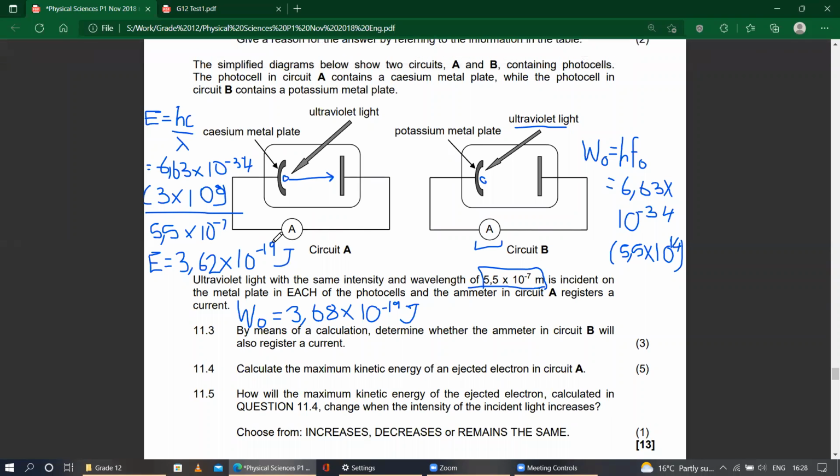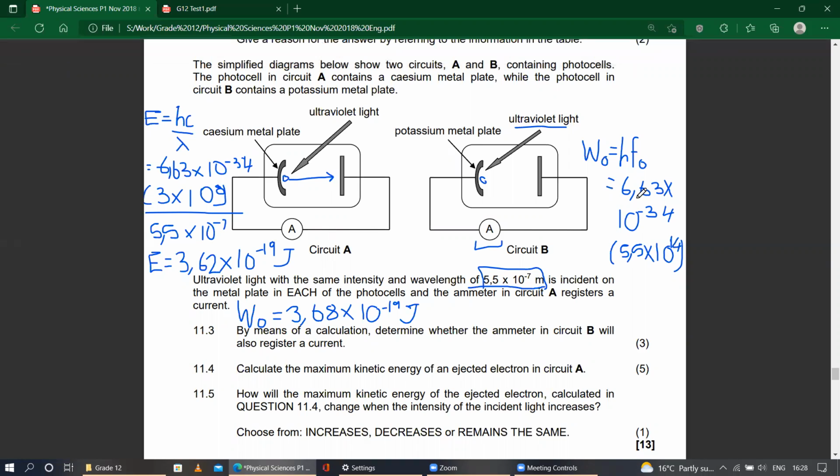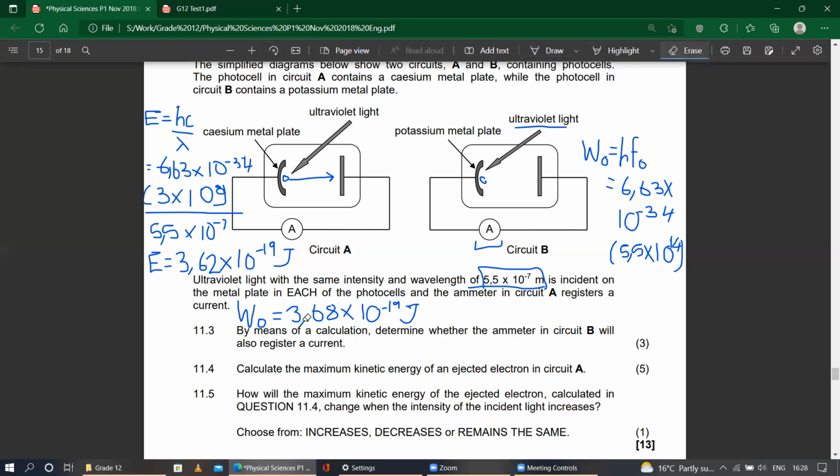So since here we got the same answer, can you check yours for the work function? I get 3.65 times 10 to the power of -19. Looks like. Yeah, I also got that. Okay.